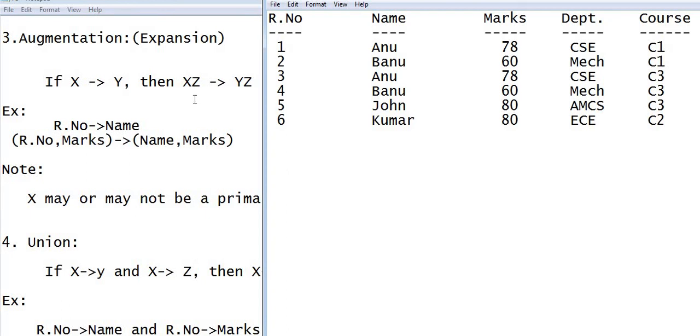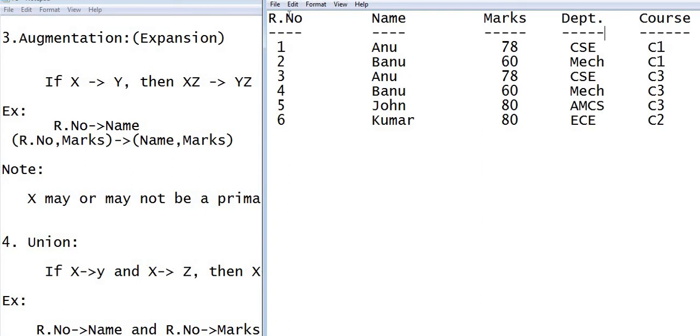We are adding Z to both the left hand side as well as the right hand side to make the relation bigger. So roll number comma marks determines name comma marks. It means if roll number determines name, then roll number comma marks determines name comma marks.